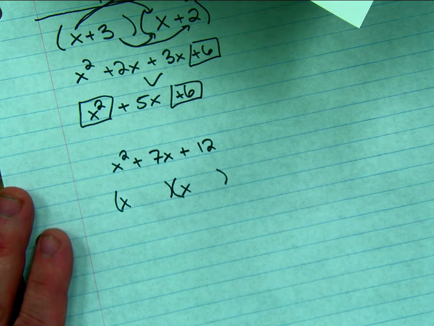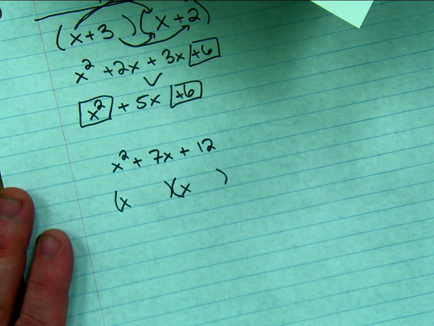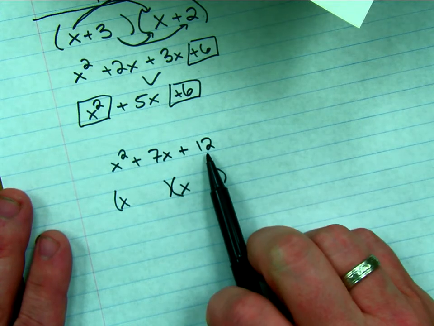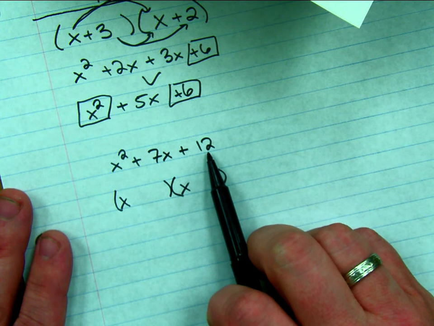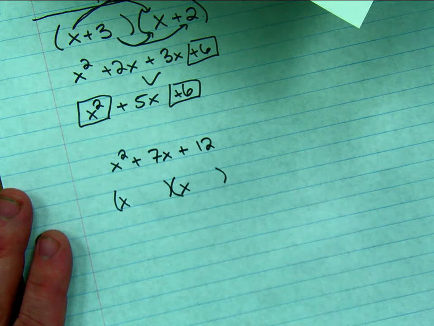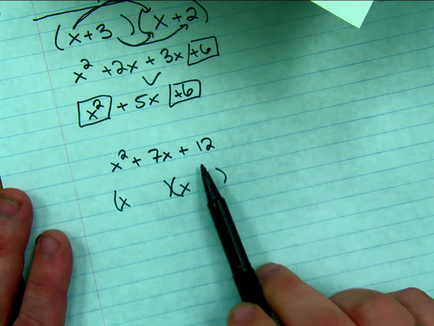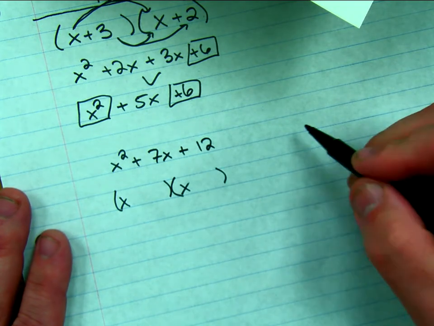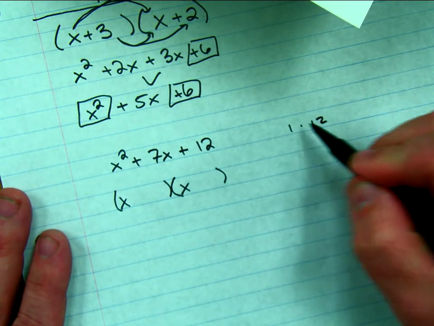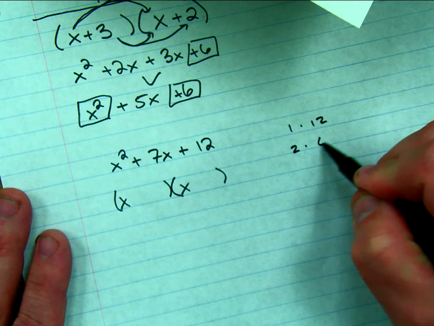What's left in that problem? Well, we have to figure out two numbers that multiply together to equal 12, and they add up to equal 7. If something just pops into your head, that's fine. Put it down. If you're stuck, start listing all the ways you can multiply and get 12. There's 1 times 12. There's 2 times 6.